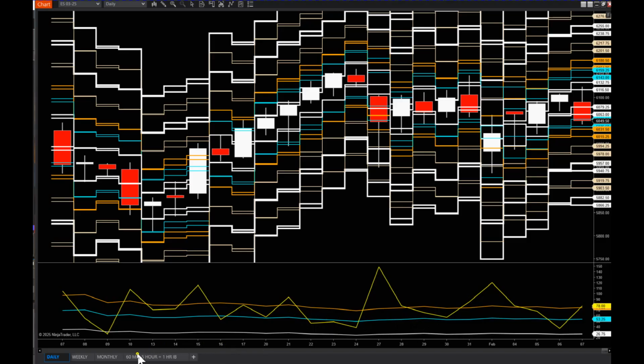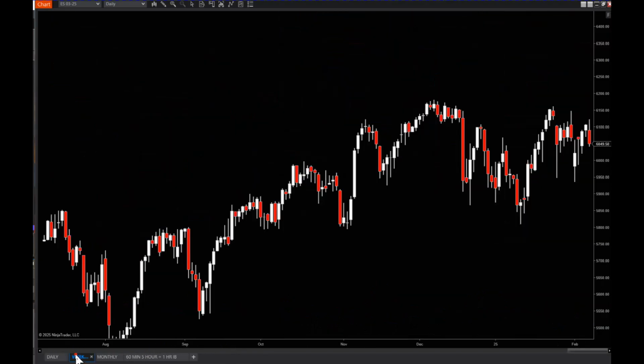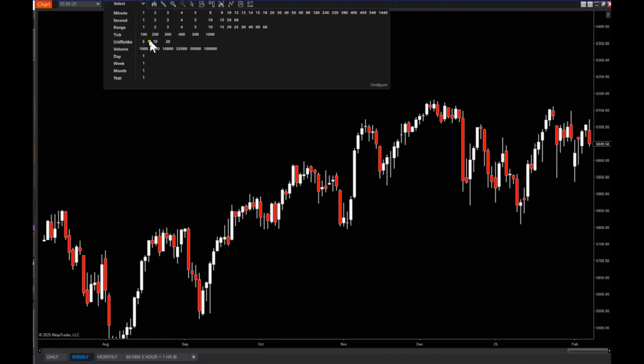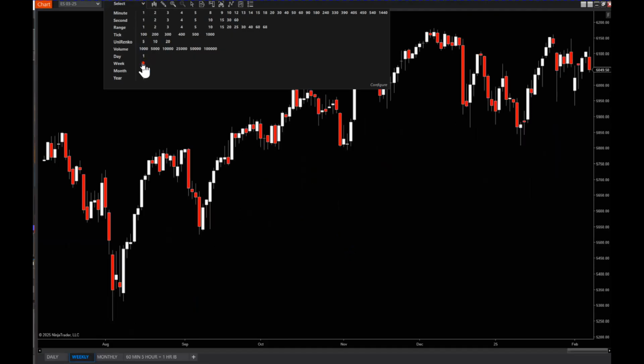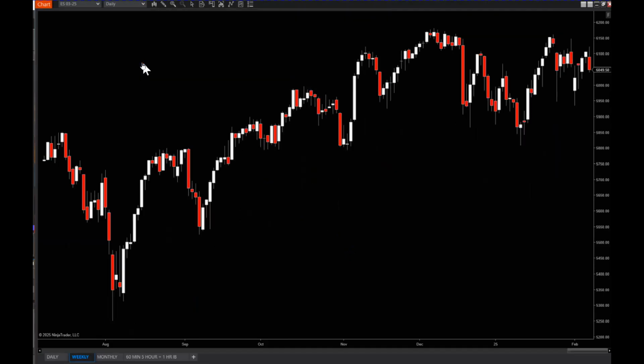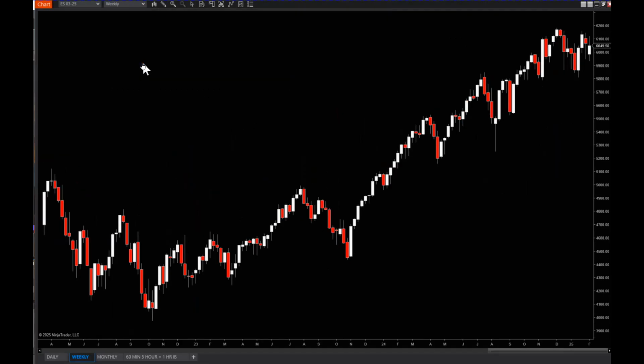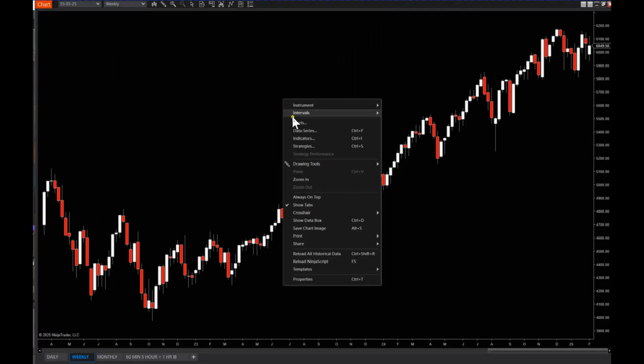Okay, so here on the weekly, we can do the same thing. We can change this to a weekly bar, or just leave it on a daily and use a daily with a weekly range. There's going to be 2 different levels. So you might want to start with a weekly bar and do the same thing.